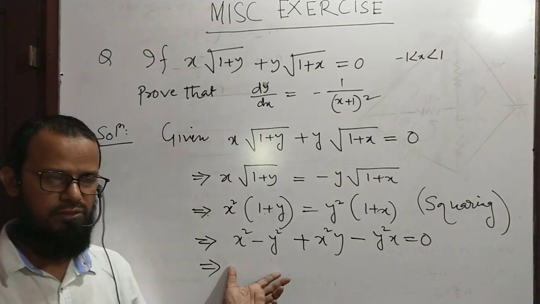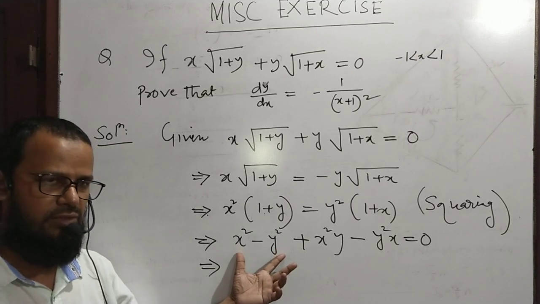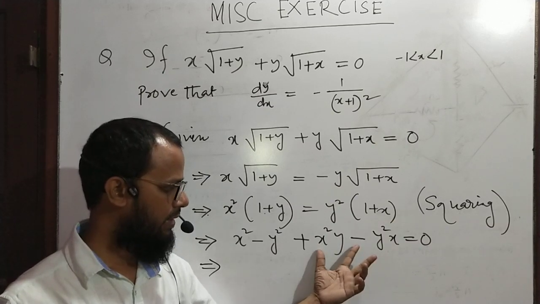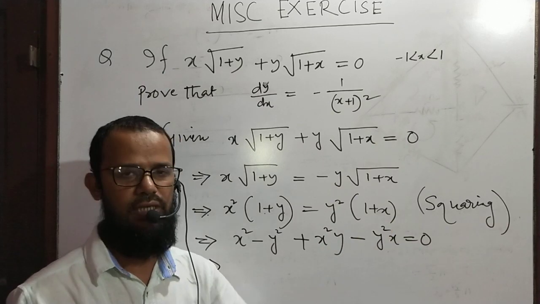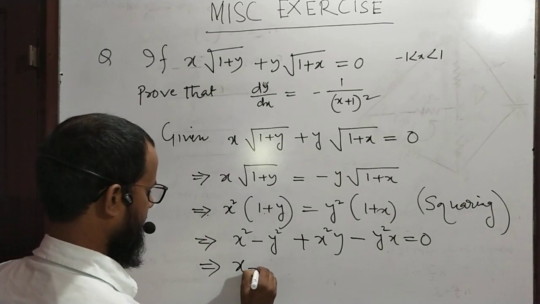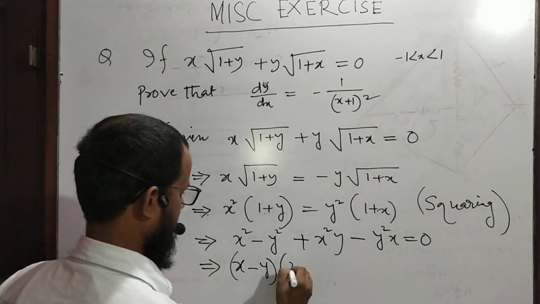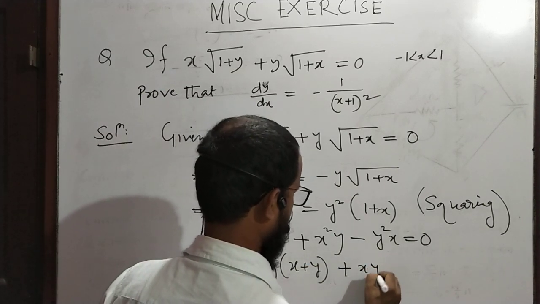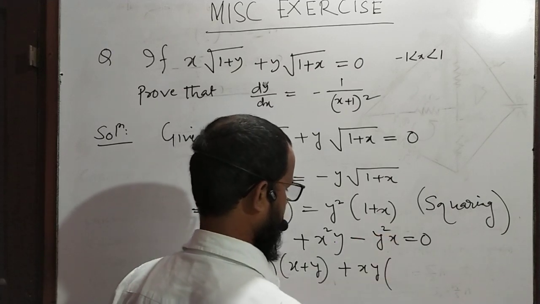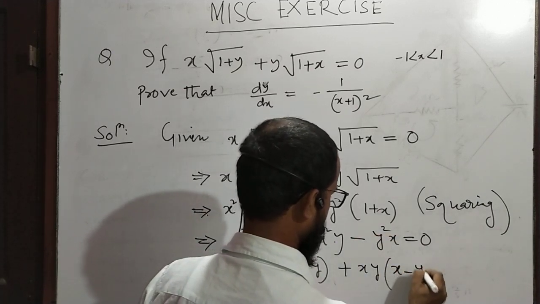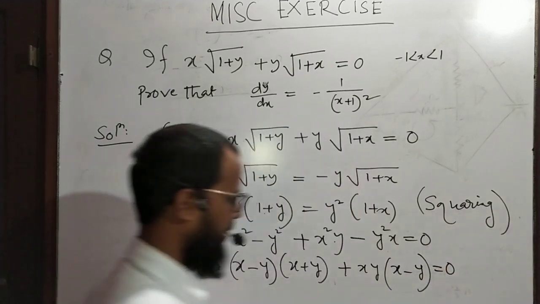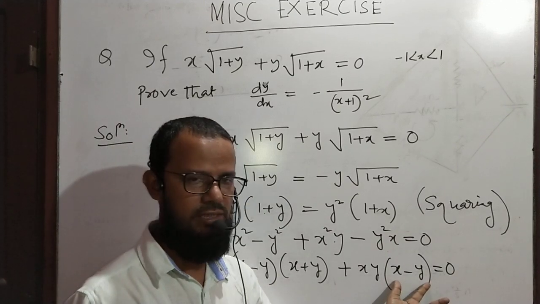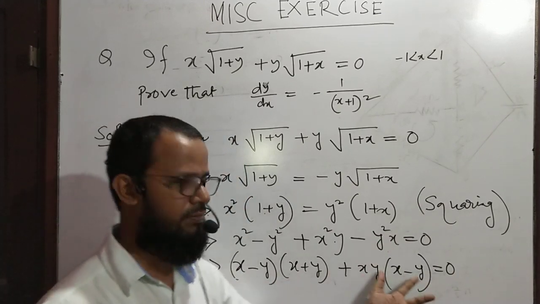From this expression, x square minus y square can be expressed as x plus y into x minus y, and if you take xy common from the other two terms, it will be xy into x minus y. So here you write x minus y into x plus y, and taking xy common from these two terms, x minus y remains as a factor. Since x minus y is a factor in both, you can take x minus y common.